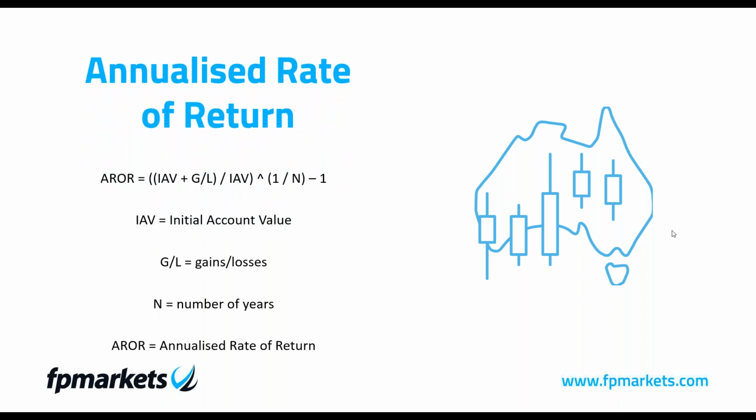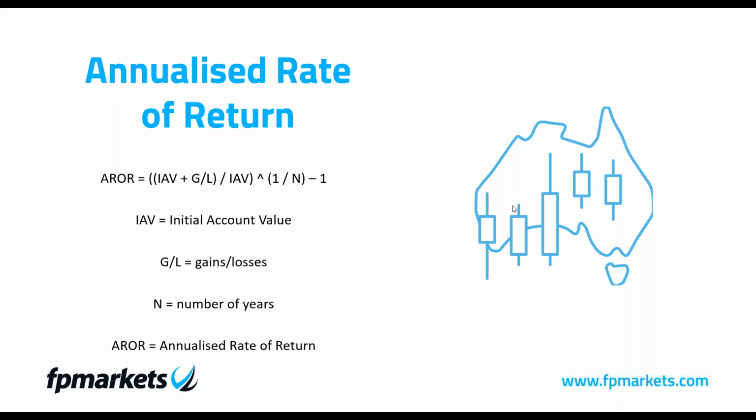The calculation involves summing the starting point, which I have labeled initial account value, with the gains or losses over that period, then dividing this value by the initial account value. Following this, we raise this to a certain power and minus 1.